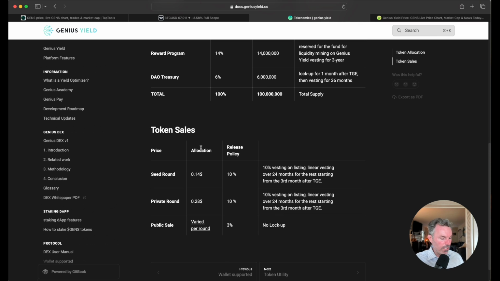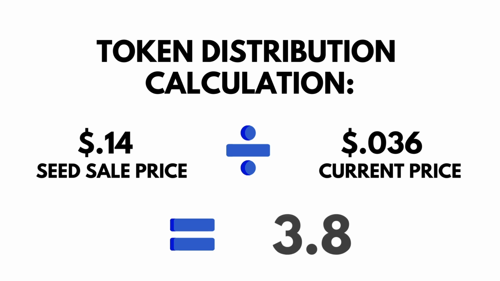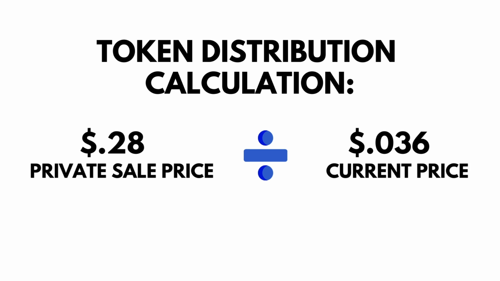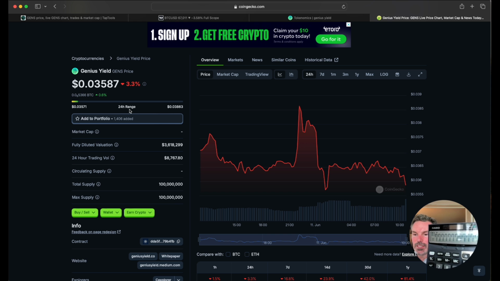Got my trusty calculator. Big old calculator. Undervaluation ratio. We're looking at it. So we got the 14 cents, 0.14 divided by 0.036, we'll say. That's 3.8. 0.28 is the other one. 0.28 divided by 0.036. 7.77777777.